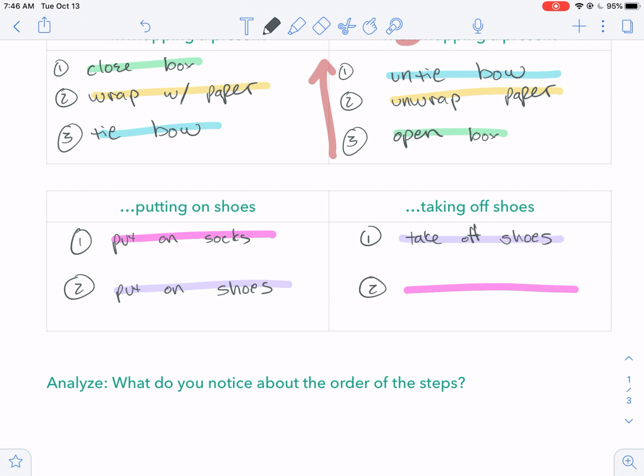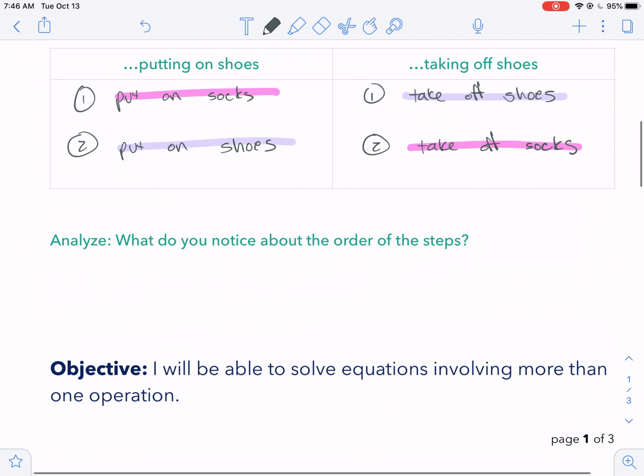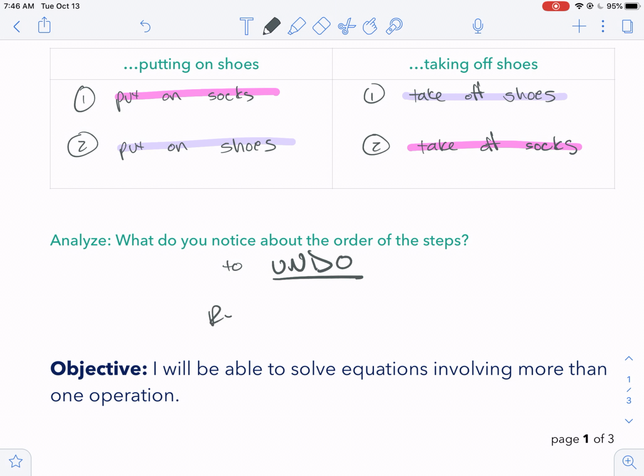And then once I've done that, then I can take off my socks. So, how do we undo something? If you want to undo an operation, you need to reverse the order. And that's what we'll be doing today.